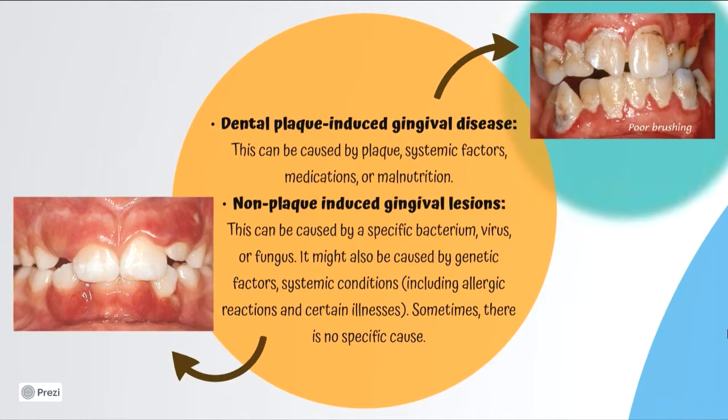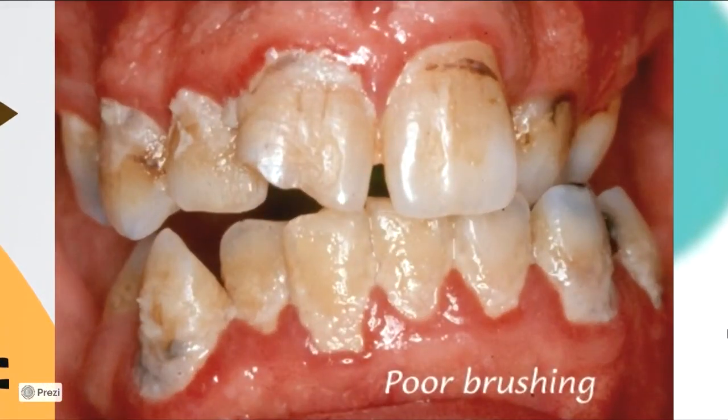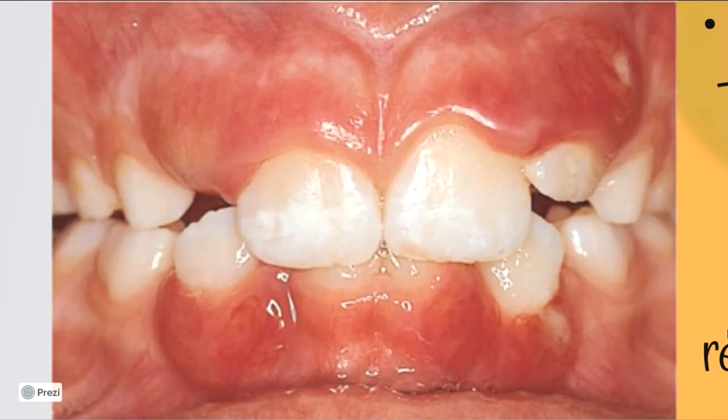And then non-plaque-induced gingival lesions, which can be caused by a specific bacterium, virus, or fungus. It might also be caused by genetic factors, systemic conditions, including allergic reactions, and certain illnesses. Sometimes there is no specific cause. This picture is an example of dental plaque-induced gingival disease, and this picture is an example of non-plaque-induced gingival lesions.